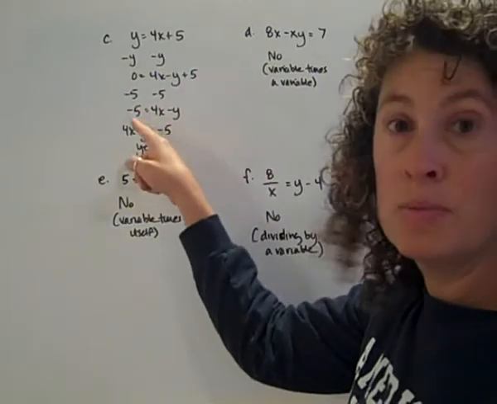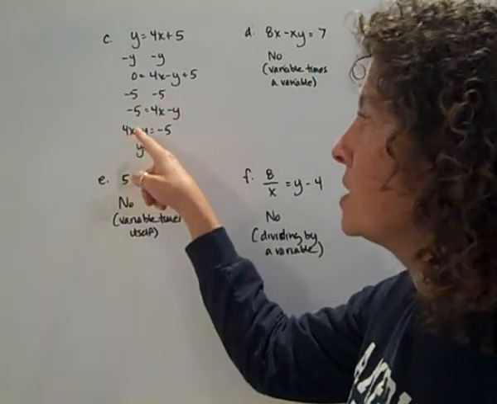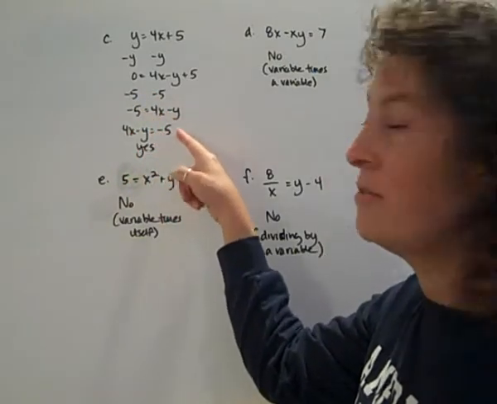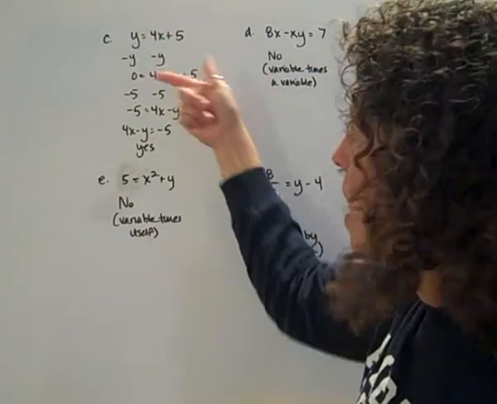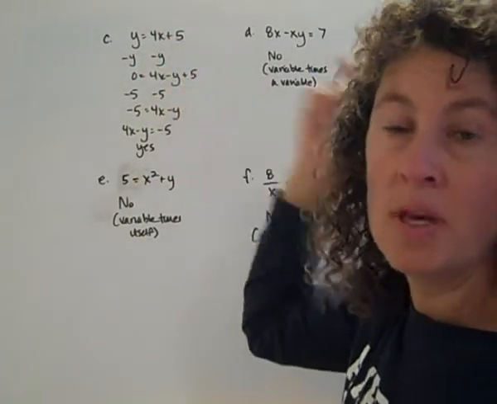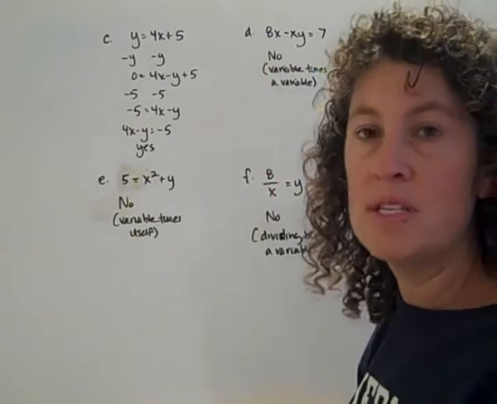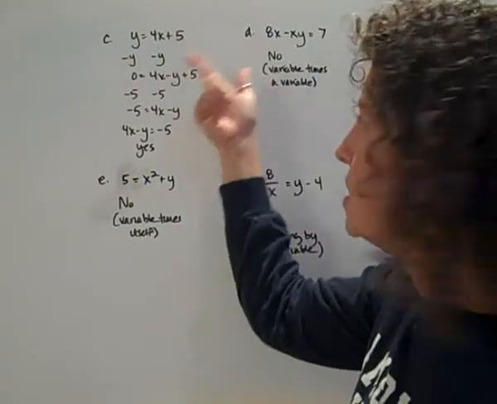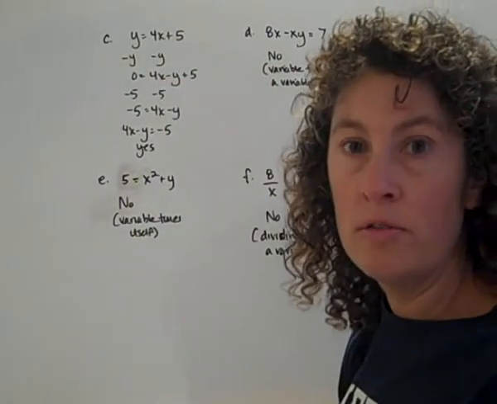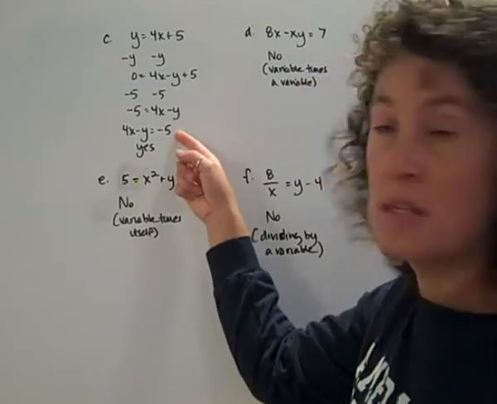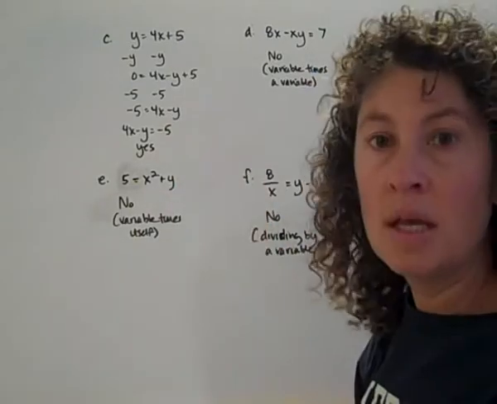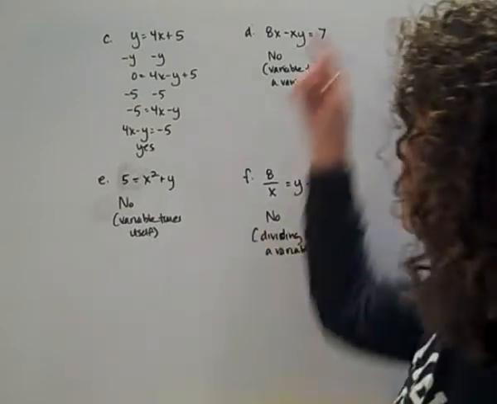I'm going to, at the last minute, switch things around here. So I have 4x minus y equals negative 5. And you might wonder, why didn't I just subtract the 4x right at the beginning? I could have done that. I don't want to end up with a negative 4x starting off my standard form, which is why I manipulated it so that I had a positive coefficient of x there. That's what we want to see in our standard form. So since I can write this in standard form, yes, this is a linear equation.